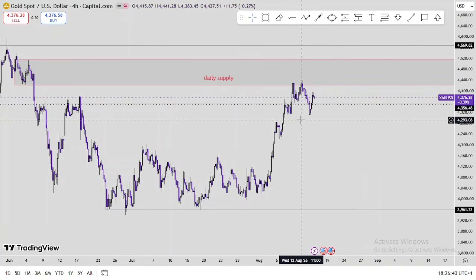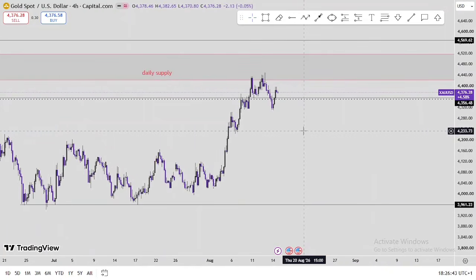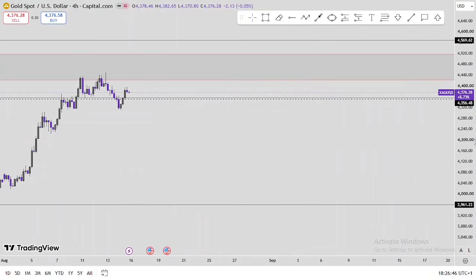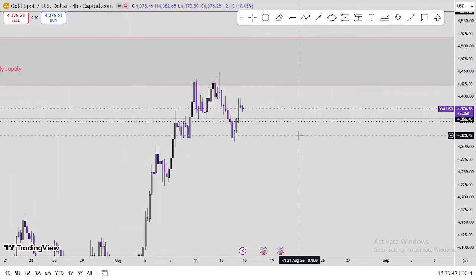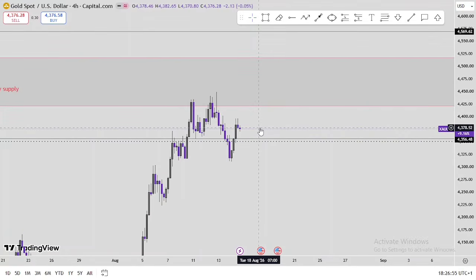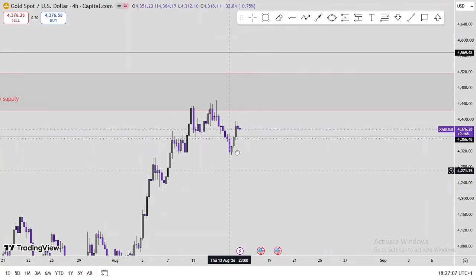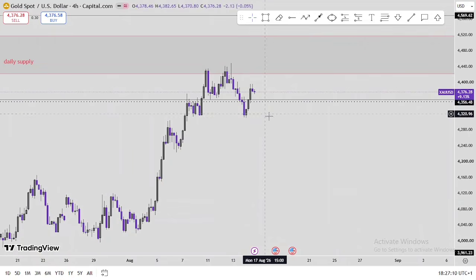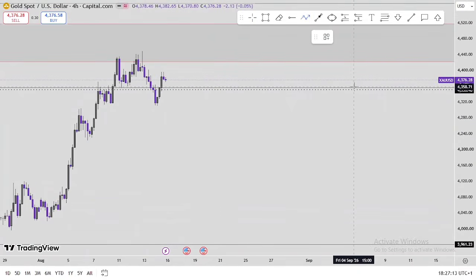So for now, the movement on gold is a bit choppy, so we should look for clearer evidence of what it wants to do, because we have the supply area here, but then we're in a bullish nature. So I would be waiting for more confirmation as to what it wants to do, whether it wants to come back again into the supply before dropping down, or coming back into it, pulling back before continuing back up.